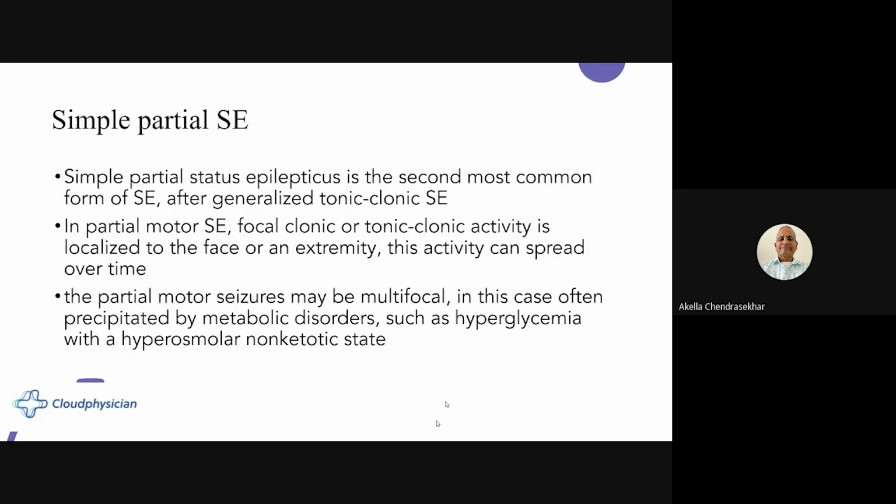Now, you can have partial seizures, and this is the second most common type. It can be localized to a face or an extremity, and then it can spread over time. This is something that you have to keep an eye out for. That means the bedside team has to be aware, and you have to tell the bedside team, keep watching for this.